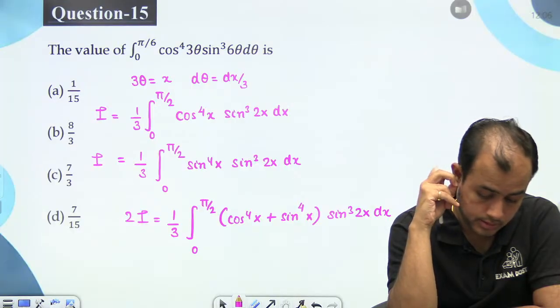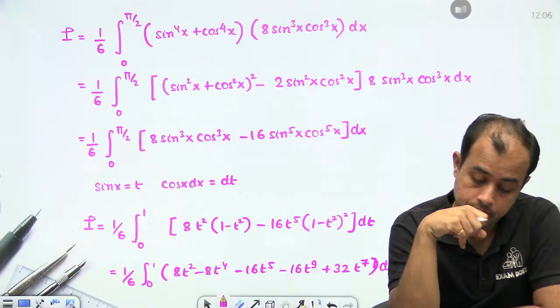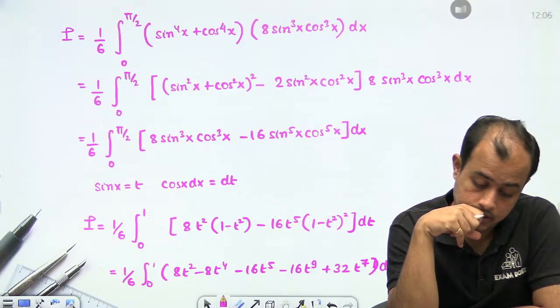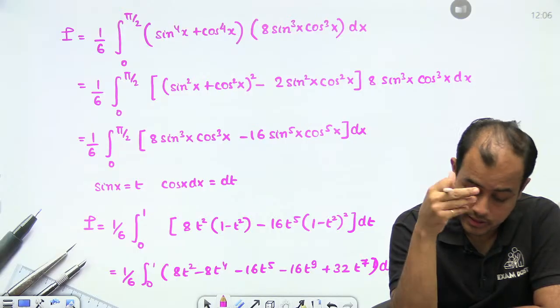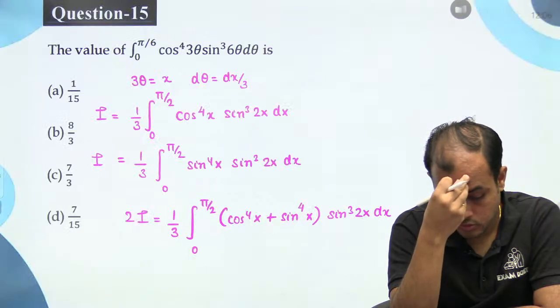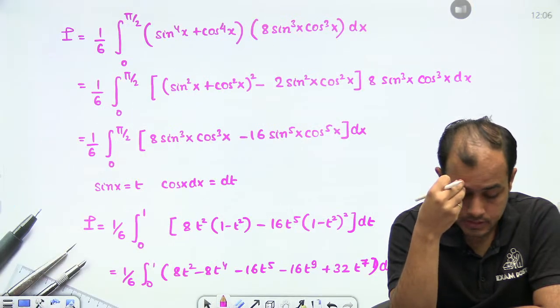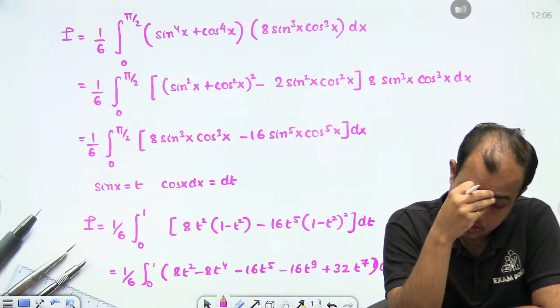वन बाय सिक्स साइन क्यूब 2x, तो 2 sin x cos x, 8 sin क्यूब x cos क्यूब x, तो 8 माइनस 16. sin x इक्वल टू t, तो cos x dx इक्वल टू dt. It is 0 to 1.